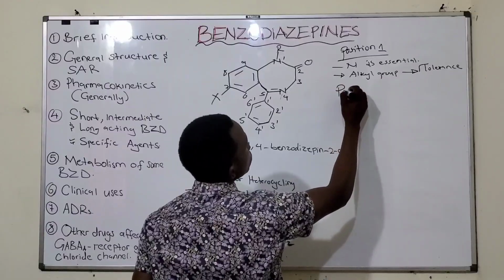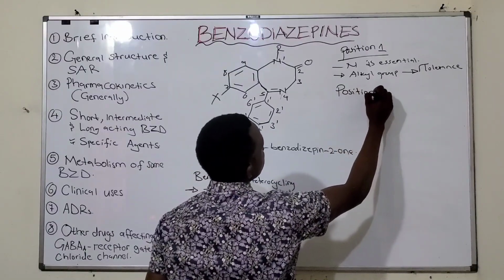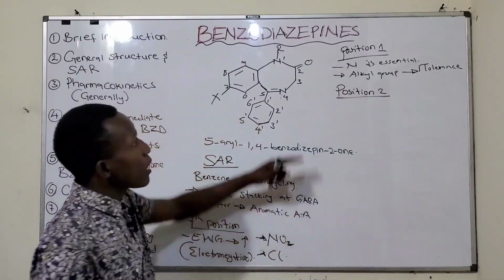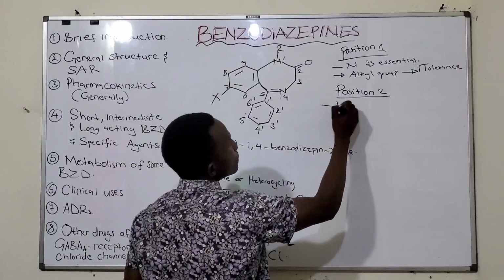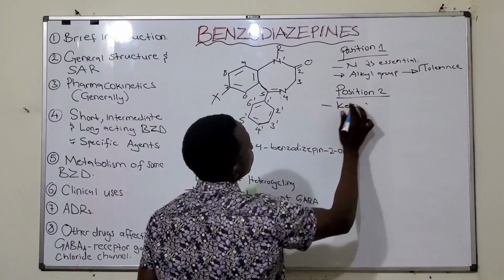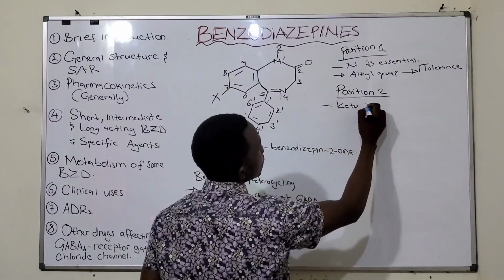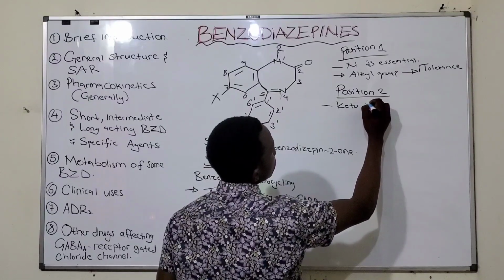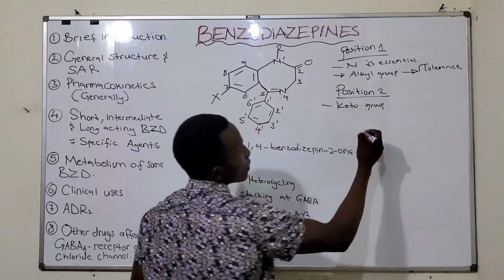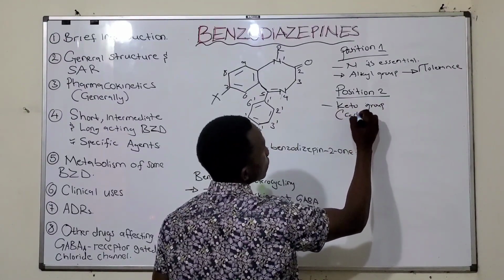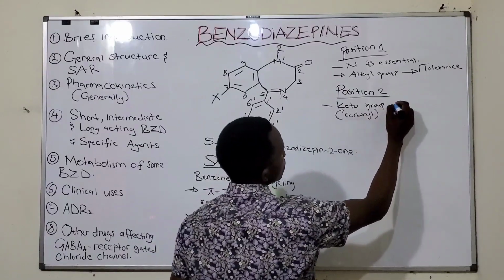When it comes to position 2, we have that keto group or that oxygen atom is very essential. Or the carbonyl group is essential.